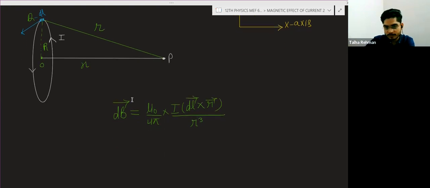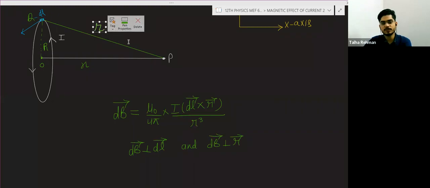So when you use this formula for this element dl, you will find that this small magnetic field will be perpendicular to this dl vector, and this dB will be perpendicular to the r vector. From this r we can make the r vector, and for this dl we can make the dl vector. So this is the dl and this is the r.